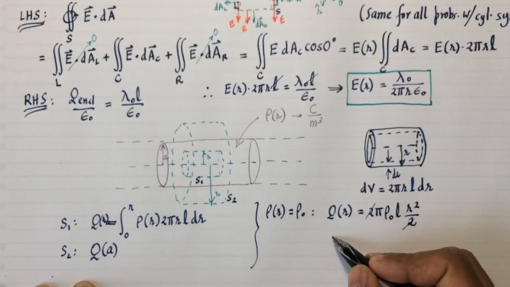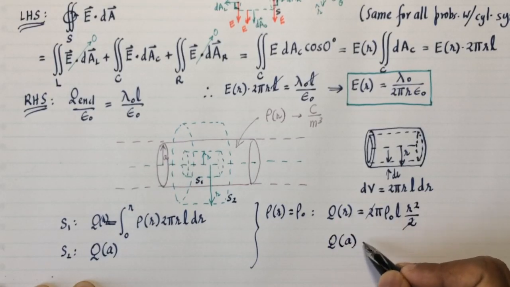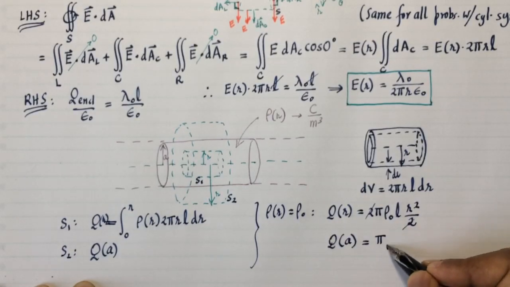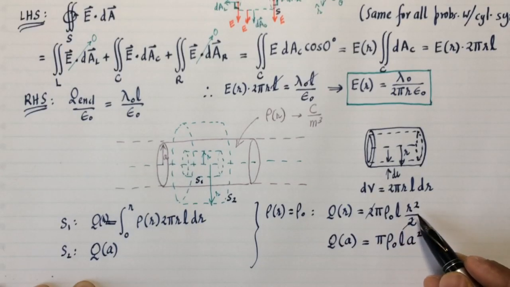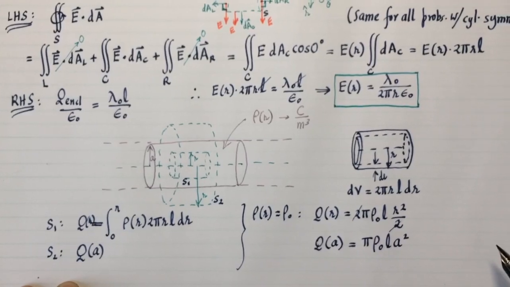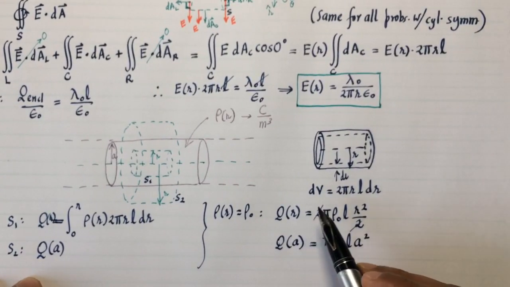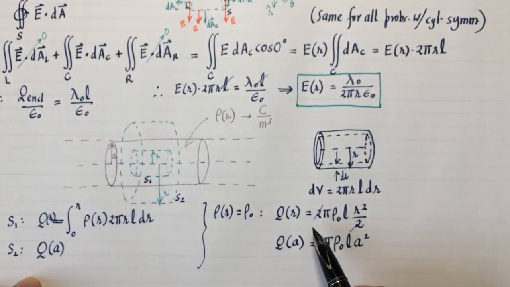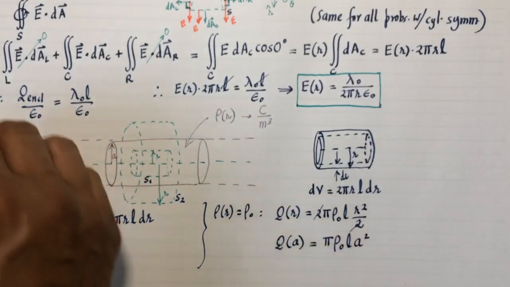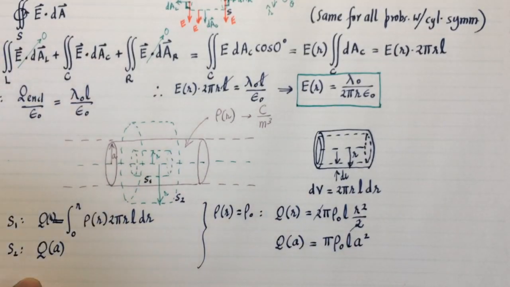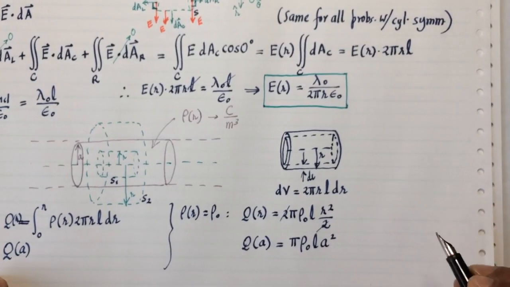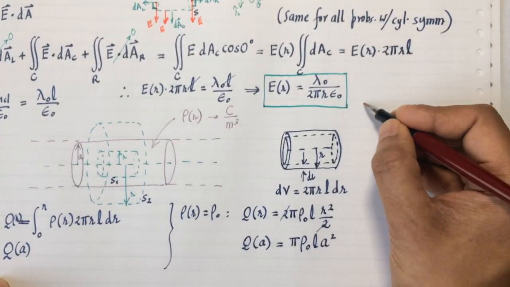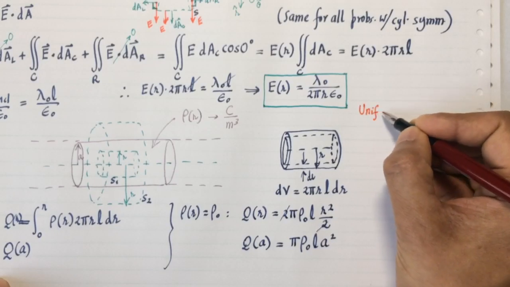Outside, I'm going to get Q of A, which is precisely pi rho naught L A squared, because I've put r equals A. Now I can set the left-hand side of Gauss's law equal to the right-hand side of Gauss's law, and I can find the electric field throughout in this particular example of a uniformly charged cylinder. So let me do that. So this is the uniformly charged cylinder case.